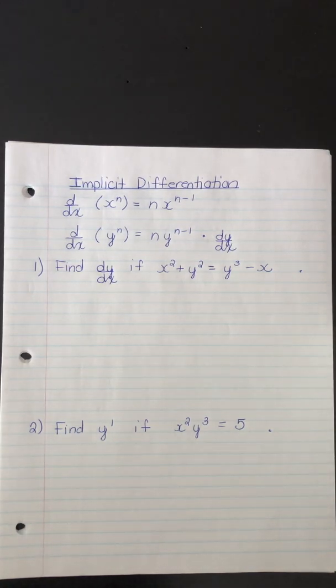Morning. By now, we've learned how to differentiate functions of the form y equals some function of x, whether that function of x is a polynomial, a polynomial with an external exponent requiring a chain rule, a product of two functions of x, or a quotient involving two functions of x.